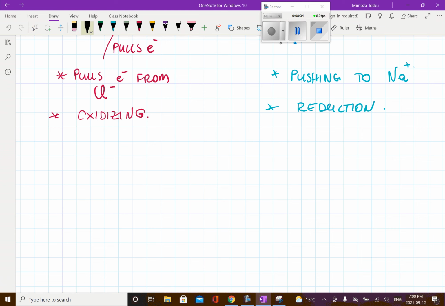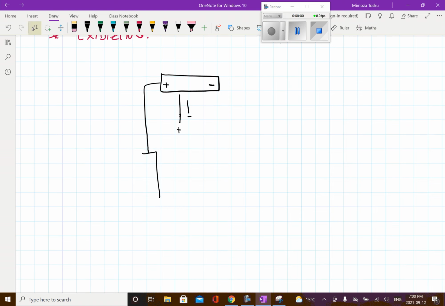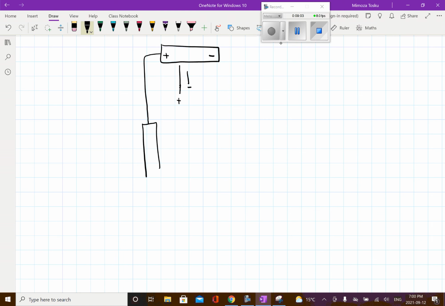Okay, so let's take a closer look at how this process is happening. Let's suppose that you have a battery here, with a positive and a negative, and sometimes the battery is represented like this, where the long line represents the positive and the short line represents the negative. Connected with this battery there are two electrodes that are in the material, very close to each other.